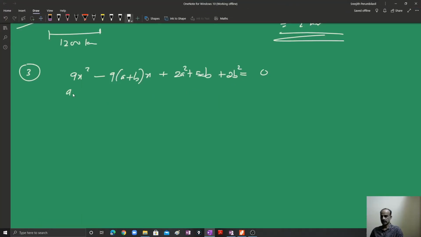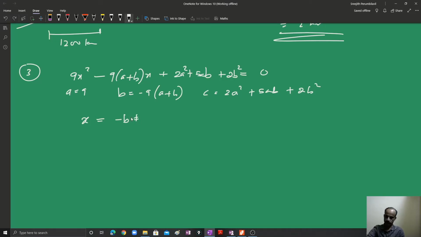So here a is equal to 9, b is equal to minus 9 into a plus b, and c is equal to 2a square plus 5ab plus 2b square. So we'll use the quadratic equation formula. x is equal to minus b plus or minus root of b square minus 4ac divided by 2a.